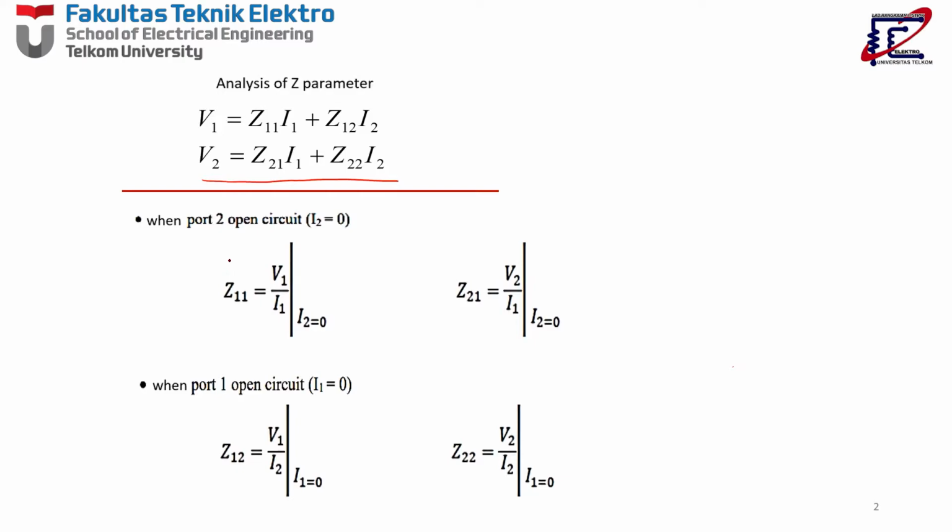To analyze the Z parameter, we condition port 1 as open circuit and port 2 as open circuit alternately. When port 2 is open circuit, we get V1 equals Z11 multiplied by I1, so Z11 equals V1 over I1.